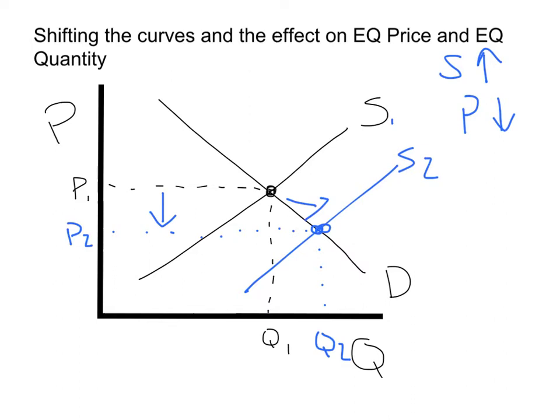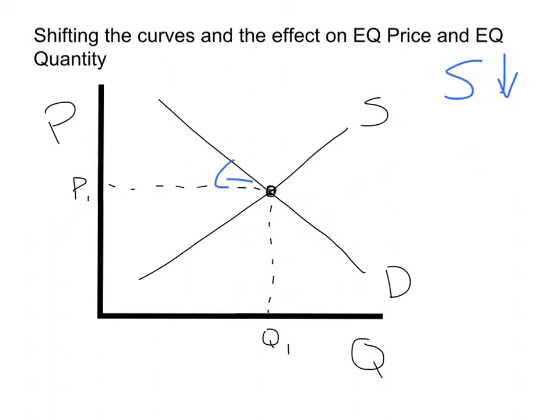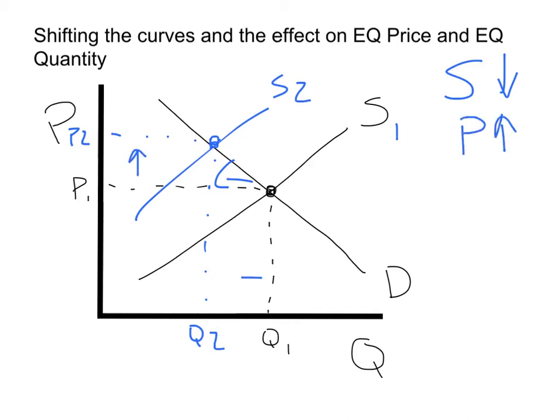When supply increases, quantity increases as well. When supply decreases to the left, new equilibrium point, new equilibrium price, new equilibrium quantity, we notice that the price increases and our quantity decreases.